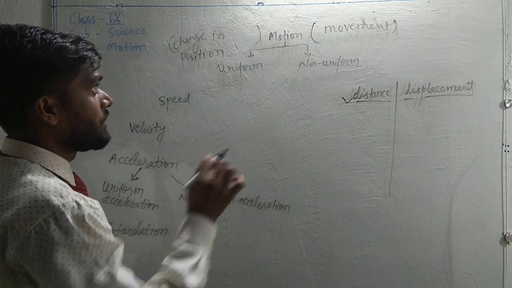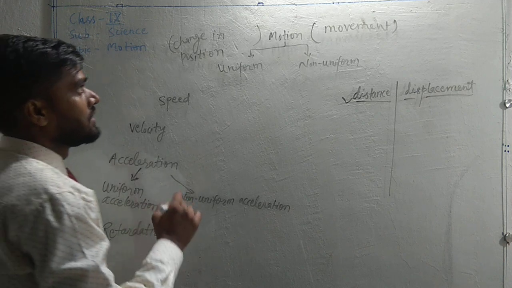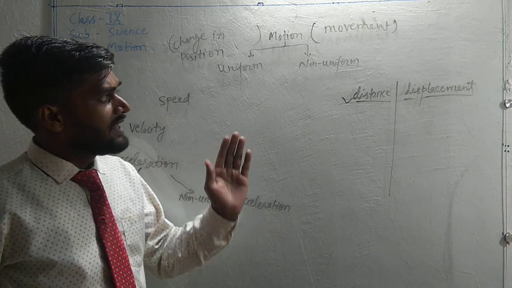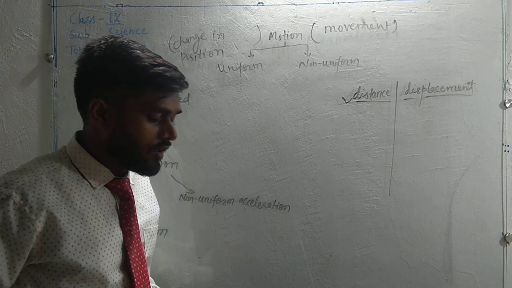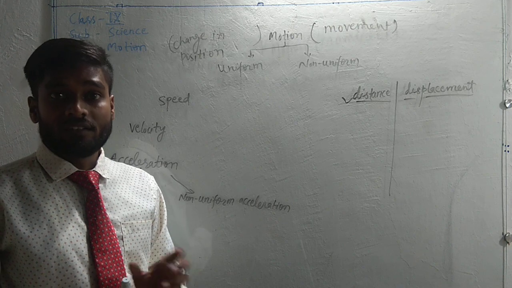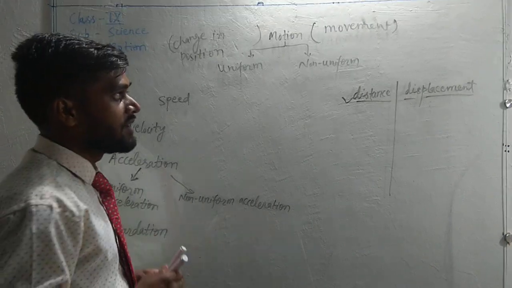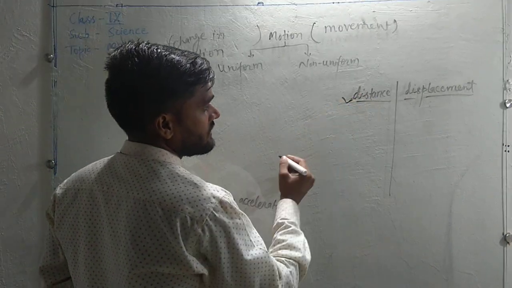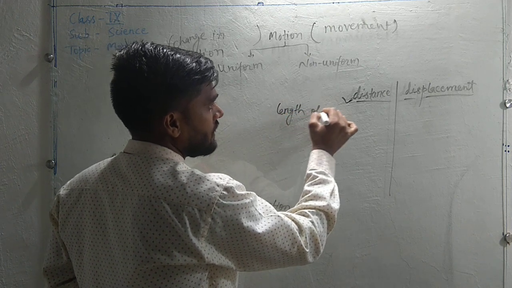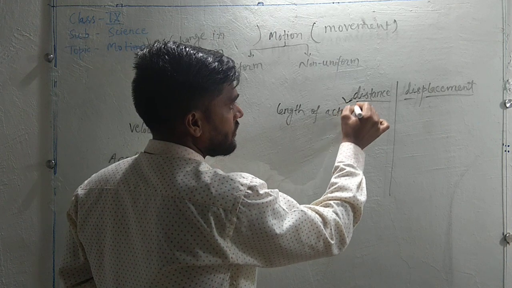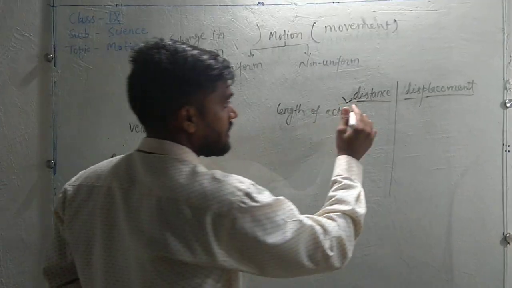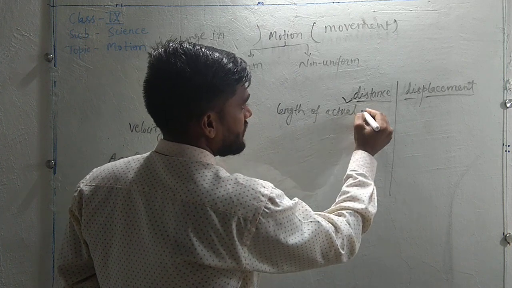Now, if it has followed some path, then that path must have some length. That length of that path is called what? Distance. So you can say that distance is the length of the actual path on which the object is traveling.